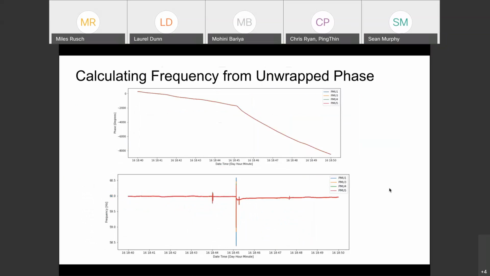Another thing to note is that taking the derivative to obtain frequency has introduced a lot of high frequencies in the output, which weren't completely apparent in the phase plot. So a very common method to deal with this introduction of high frequencies is to use a low pass filter to get a better signal.